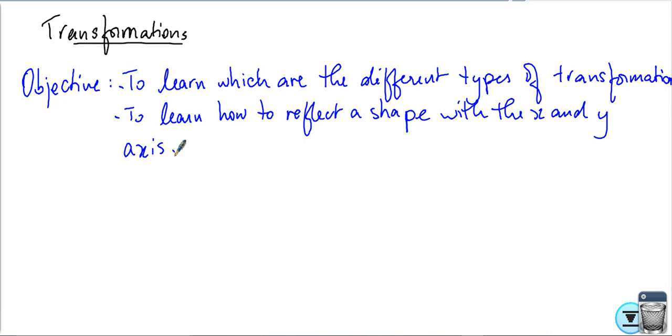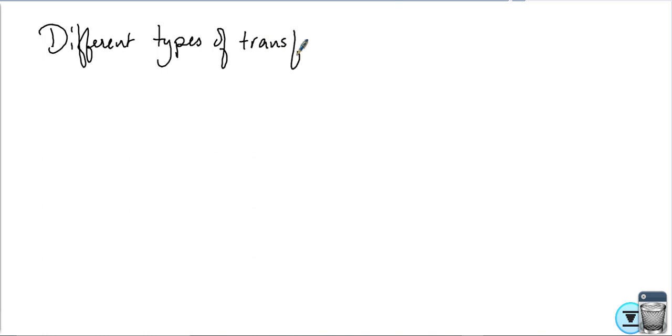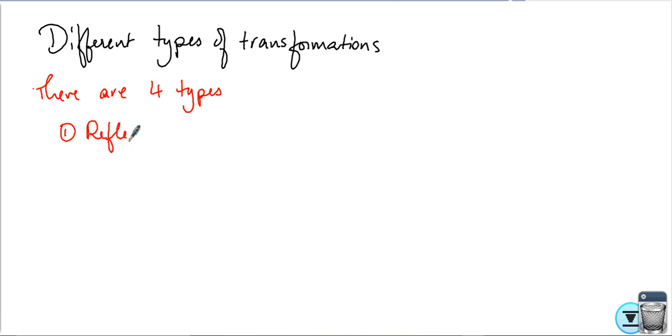Okay, so let's start immediately by explaining which are the different types of transformations. So there are four different types of transformations, which are the following. Number one, we have reflections.